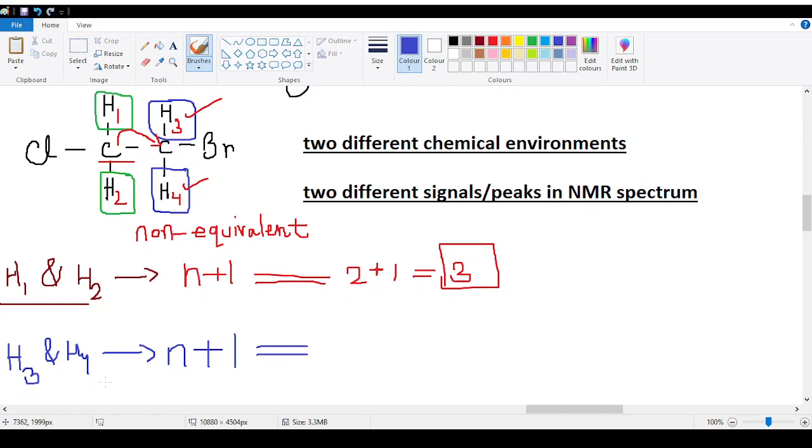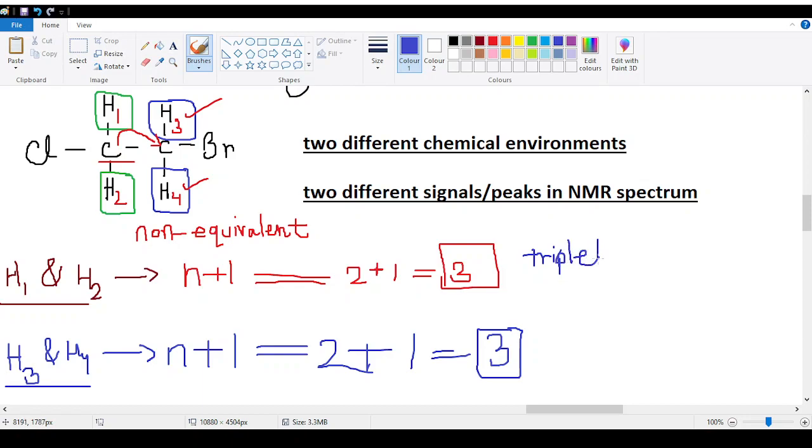Is that fine? Yes. And again, instead of n plus 1, I can put 2 plus 1, because we know that 1 and 2 have a different environment compared to 3 and 4. And you'll get 3 again. So this will give you a triplet pattern, and this will also give you a triplet pattern. But I'm going to get two separate triplet patterns, because we are supposed to get two different signals.